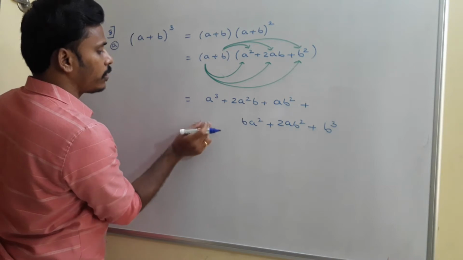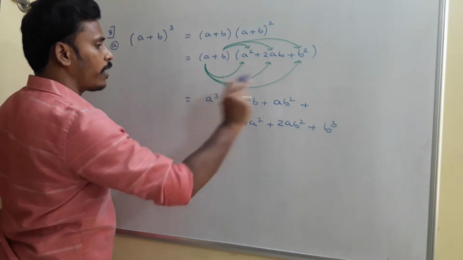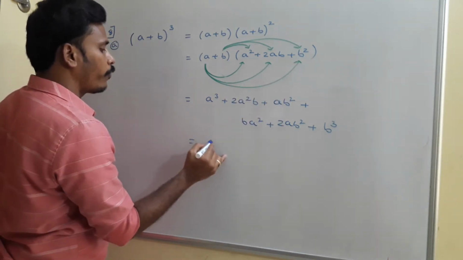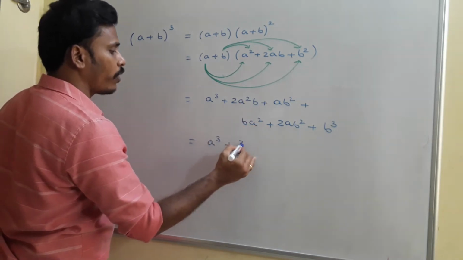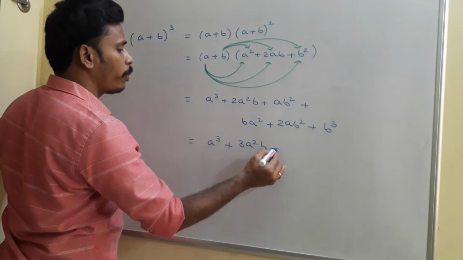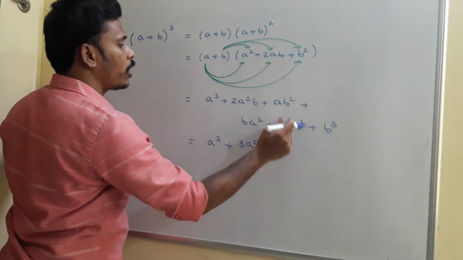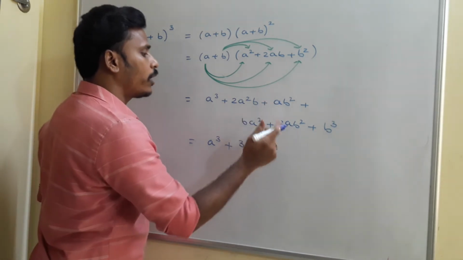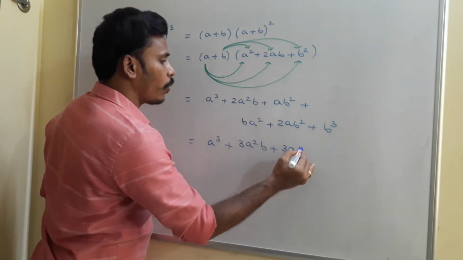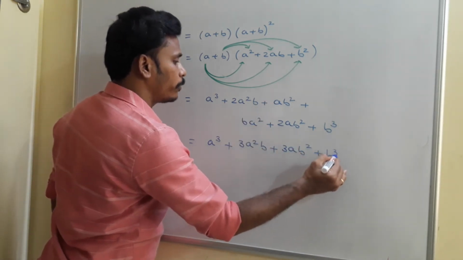I wrote it by moving just one step, but everything is summation, no problem. If you add a³ plus 2a²b and one more a²b will give us 3a²b, plus ab² and 2ab². Both are similar types of algebraic expressions, right? 1 and 2, 3. So 3ab² plus b³.